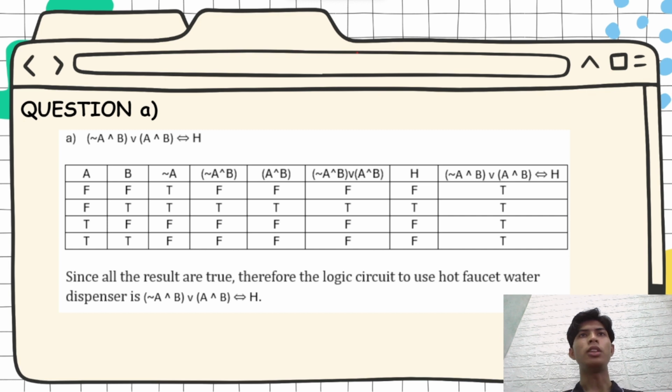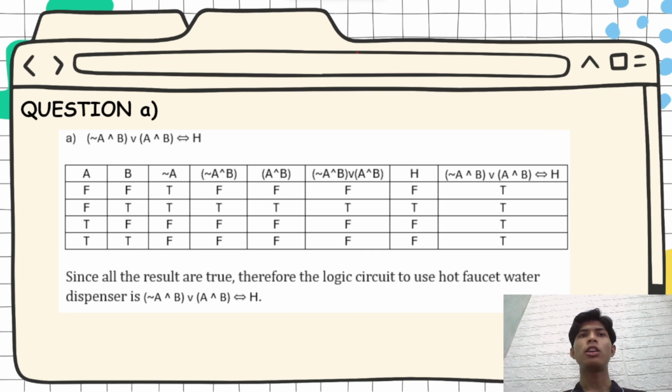And the fifth column is A and B and the values are false, true, false and false. The sixth column is not A and B or A and B with values false, true, false and false. And the seventh column is H, which is hot faucet water, and the values are false, true, false, false.